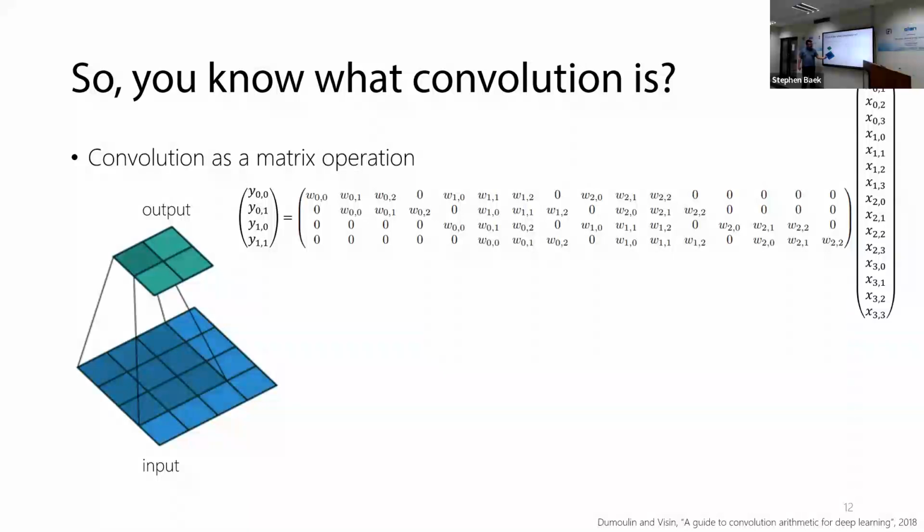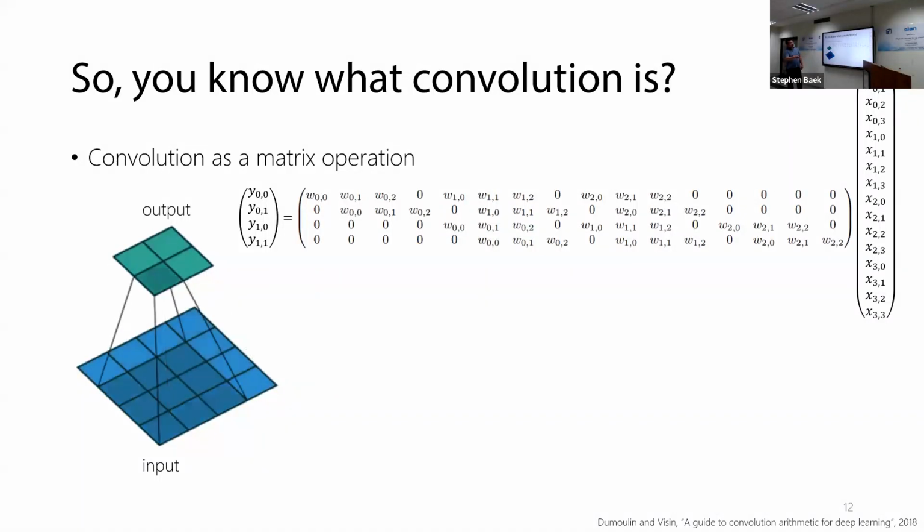Each time we slide, we take the weighted sum of those 3x3 pixels to produce an output pixel. Then we slide the kernel again, compute the weighted sum of those 9 pixels, produce output, and so on and so forth.